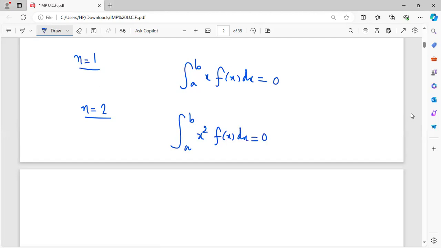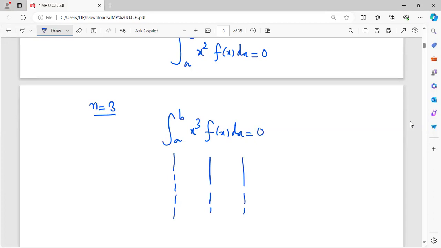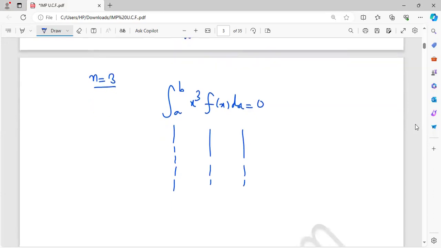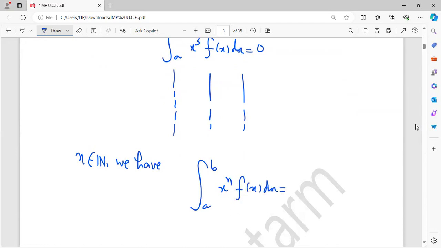If you take n equal to 3, you get the integral from a to b of x cube f(x) dx. Following this way, for any natural number we have the integral of x to the power n f(x) dx equal to 0.